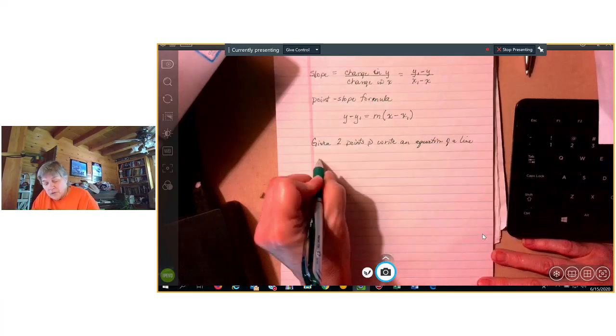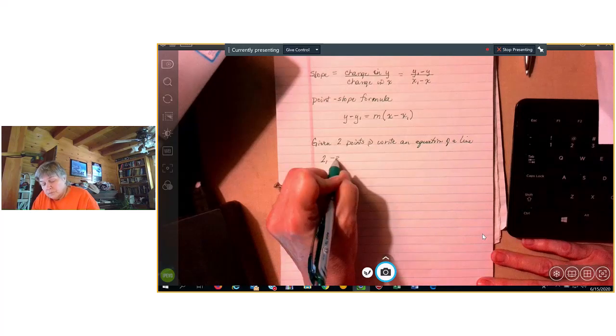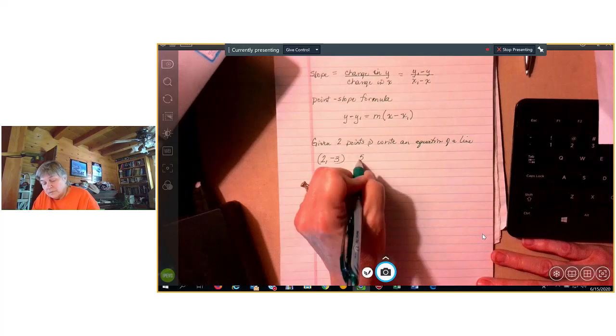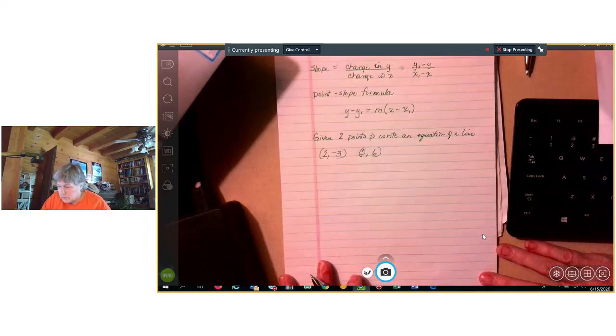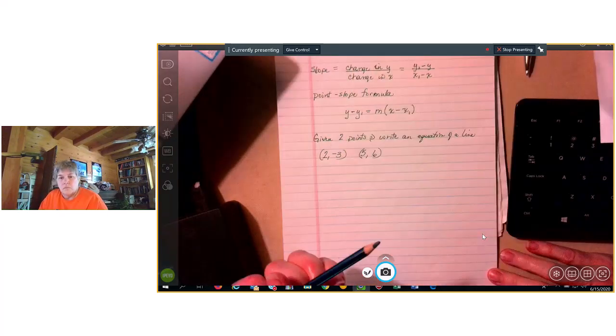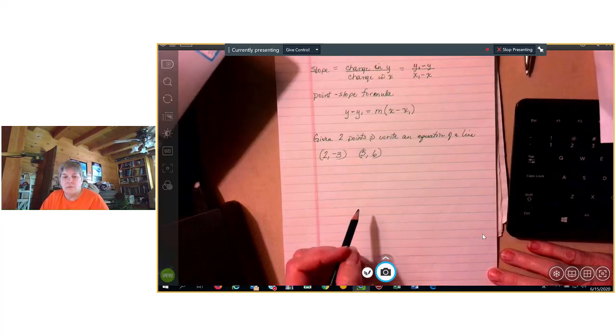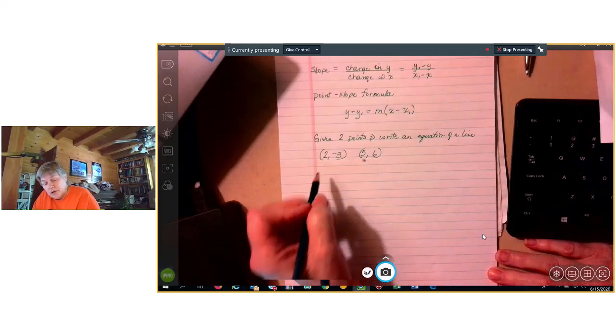So if I was given the points 2, -3, and 5, 6. Is everybody still with me here? Yes. Okay. So first thing you're going to do is find the slope.